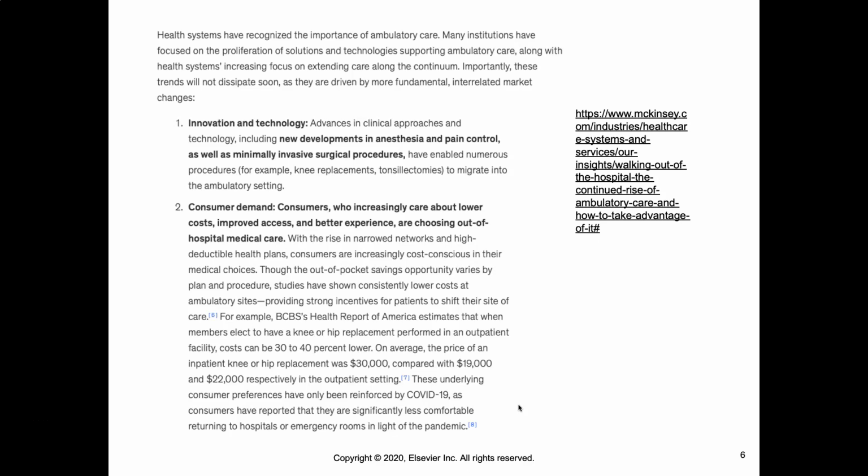On average, the price of an inpatient knee or hip replacement was $30,000 compared with $19,000 and $22,000 respectively in the outpatient or ambulatory surgery setting. Sometimes these preferences have been reinforced by COVID because some consumers feel they are less comfortable returning to hospitals or emergency rooms because of the pandemic. So you can see that there's multiple reasons why.